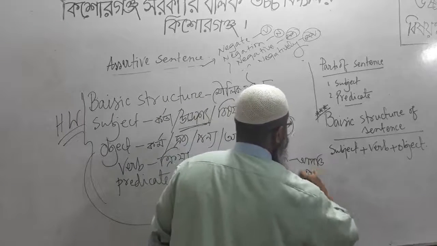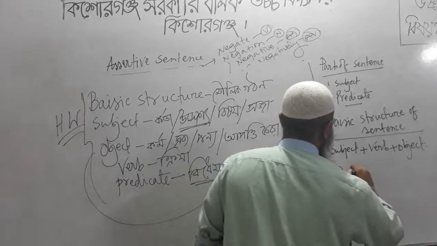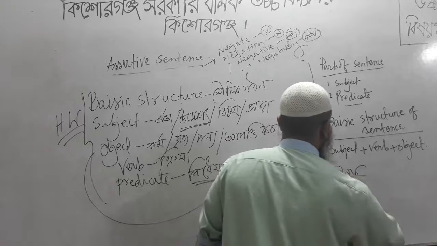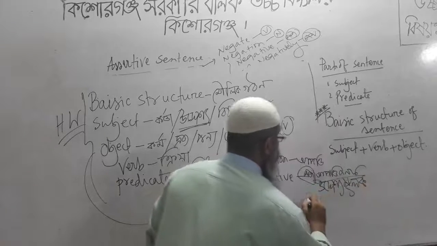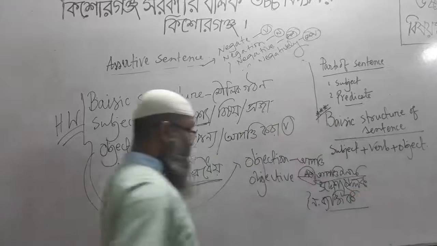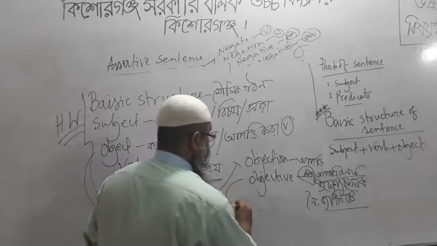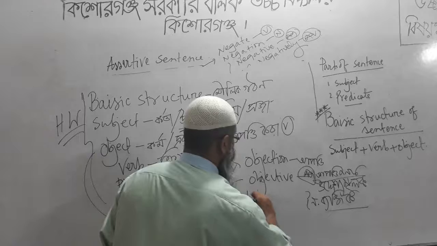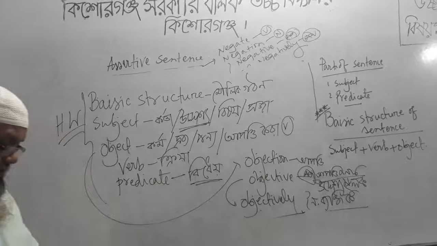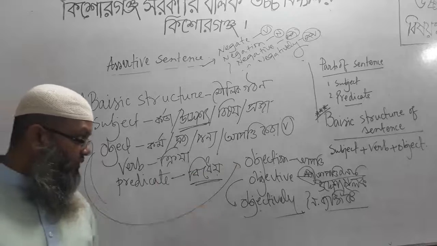Objective means aputtijonok or uddeshyomulok or noirbyoktik, and it is known to all as noirbyoktik, and then its adverb is objectively. And it is a changeable word. That's why it has other perspectives: noun, adjective, verb, and adverb.